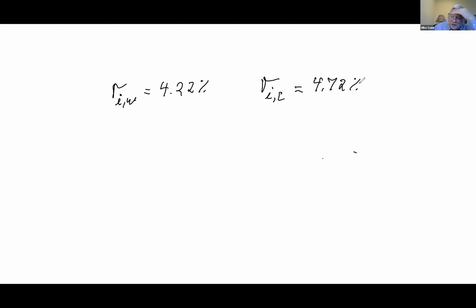If you borrow money, which rate do you want to pay? The higher rate or the lower? The lower. So based purely on these costs, that would be the preferred source due to the lower cost.